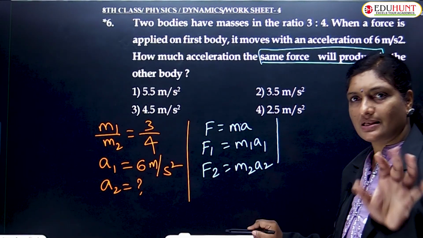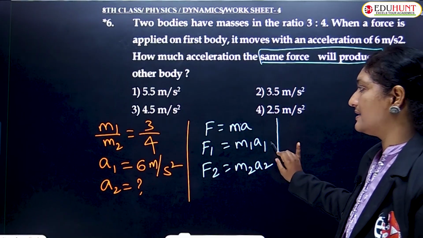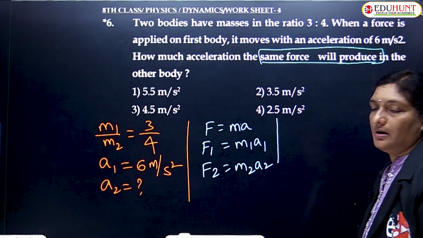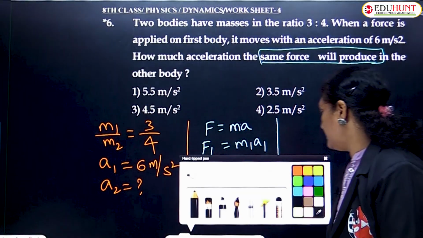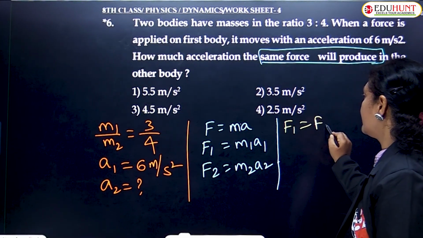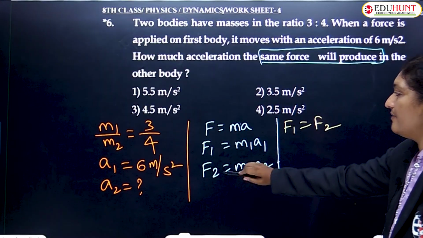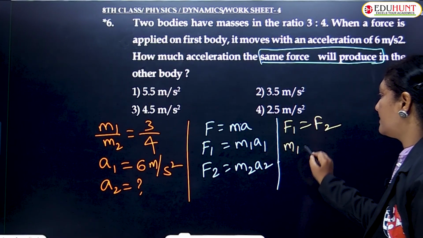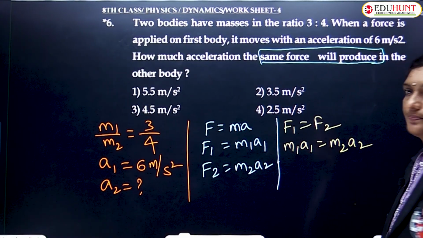For instance, let us suppose first body force F1, mass M1, acceleration A1. Second body force F2, mass M2, acceleration A2. But what is given, children? The given condition is that force is the same, that is F1 is equal to F2. Same force means F1 is equal to F2. That means if the left hand side is equal, the right hand side is also equal. M1 A1 is equal to M2 A2.